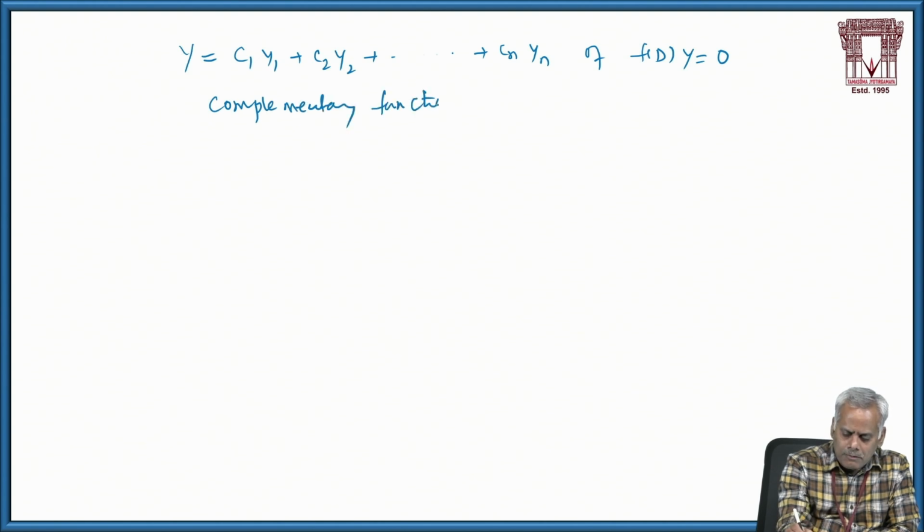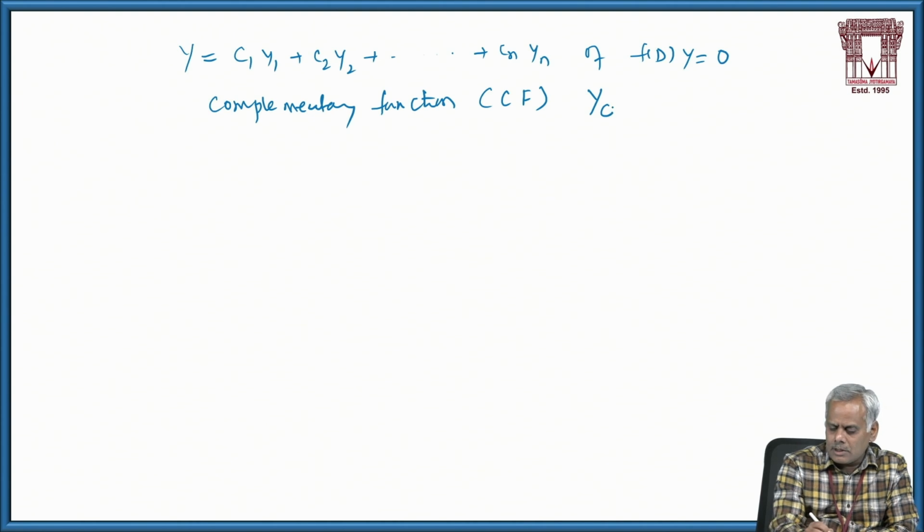Complementary function, in short written as CF, is denoted by y suffix c.